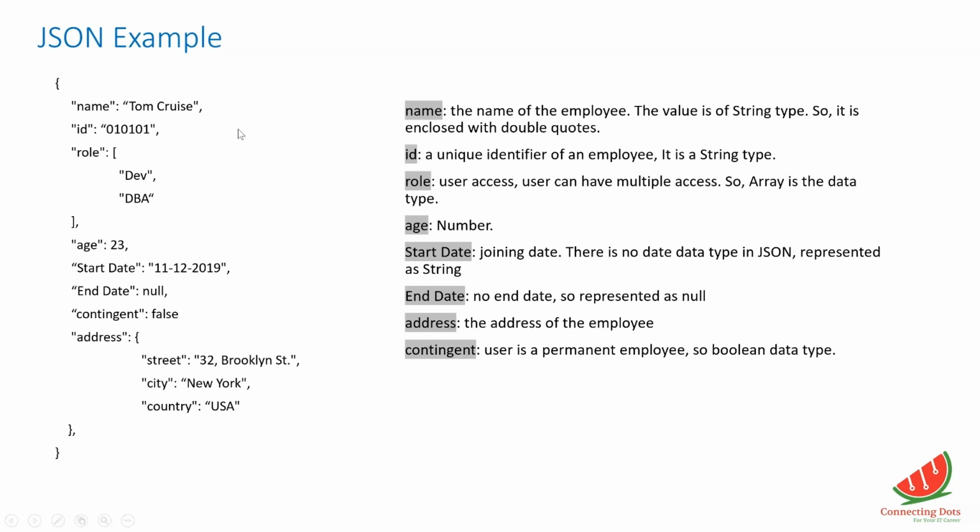Same here as well, we are separating with comma, but a different notation. All the properties are written inside curly braces. So these curly braces are one item, one JSON object.